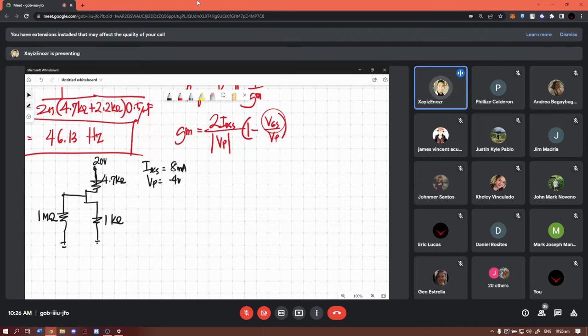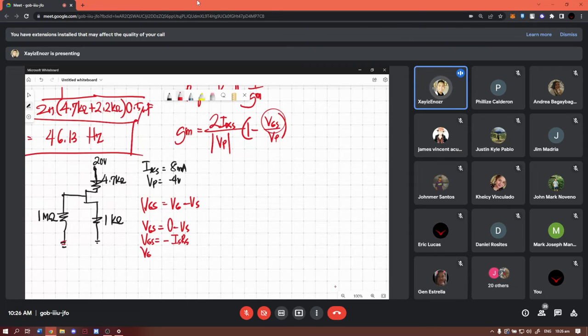Okay, gawa tayo ng loop. Ay, double subscript VGS. So, VG minus VS. So, VGS is, ang VG natin is 0 kasi shorted to sa ground. So, 0 minus VS. So, VGS therefore is negative IS RS.